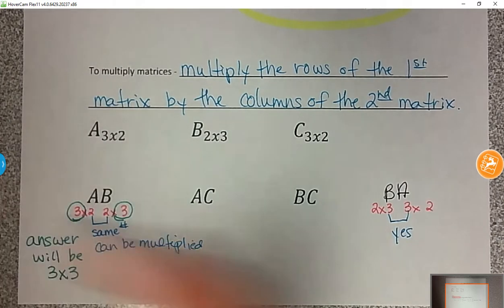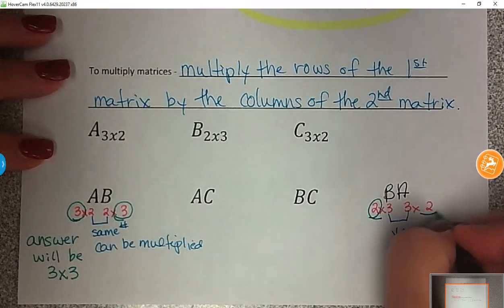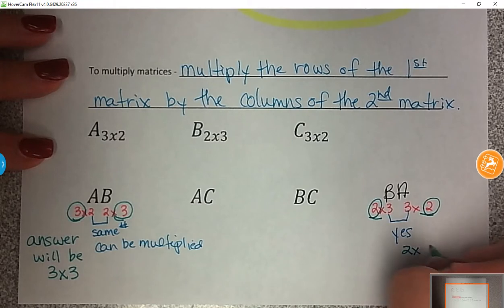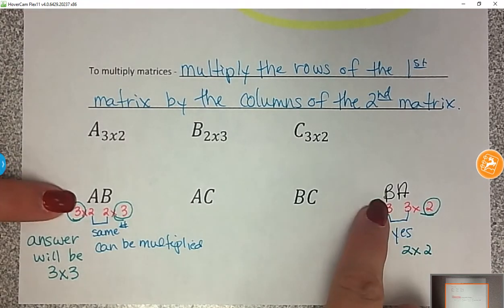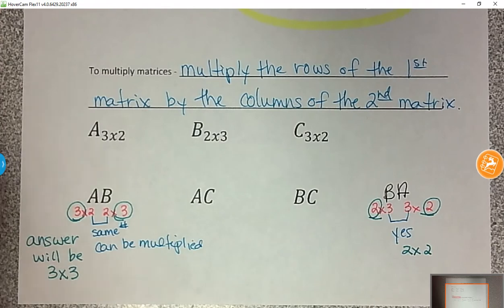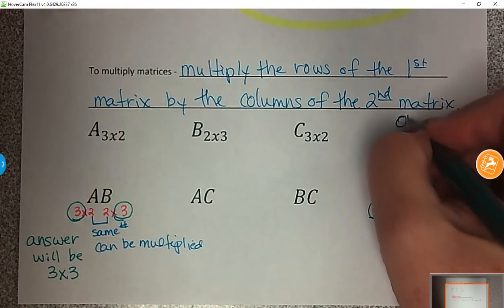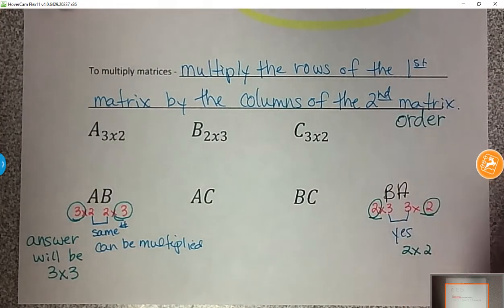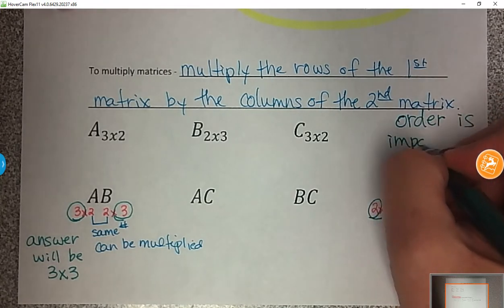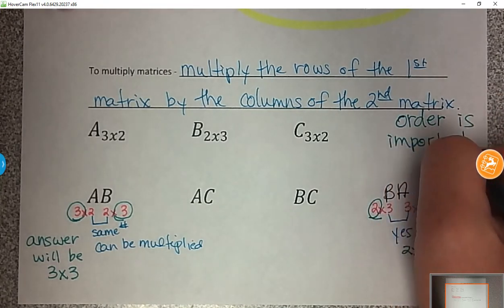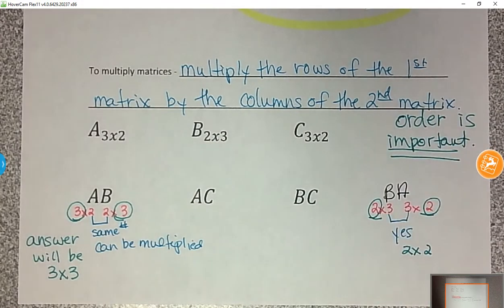But my answer this time is going to be a 2 by 2. So when you're multiplying matrices, order is important. Okay, you cannot just change the order because it works better for you. If you change the order, you're going to change the result when you multiply matrices.